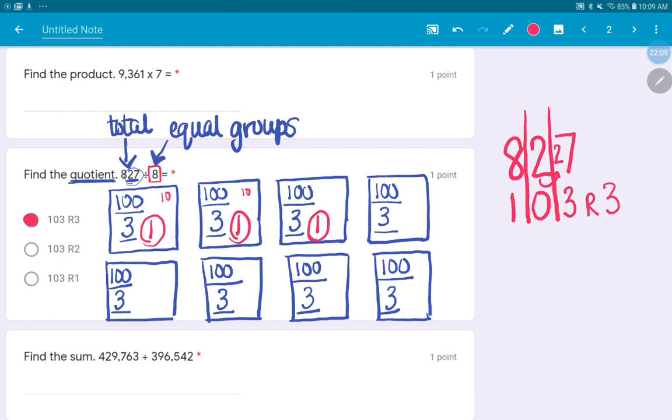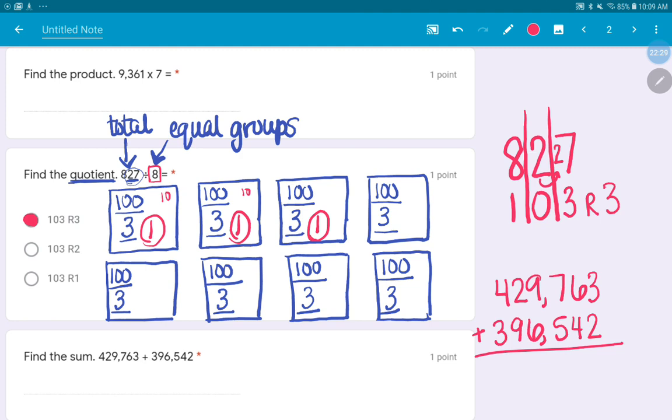All right, next we're finding the sum. 429,763 plus 396,542. Where do I start, Brayley? In the 1s, okay. So 3 plus 2 is 5. 6 plus 4 is 10. So I'm going to write down the 0.